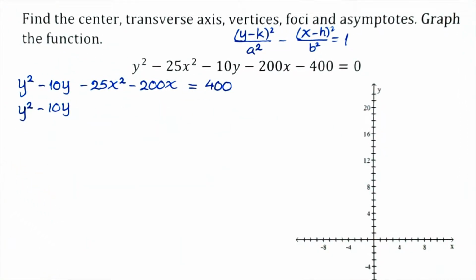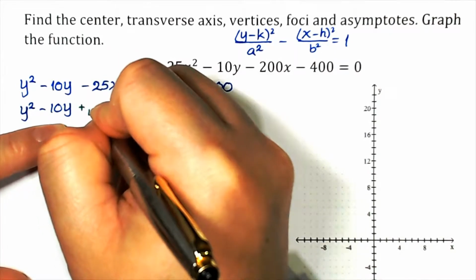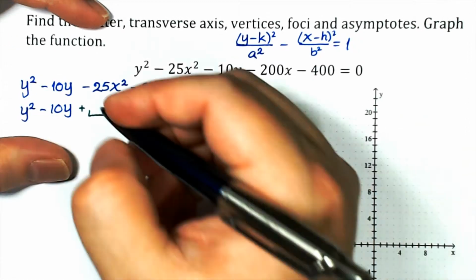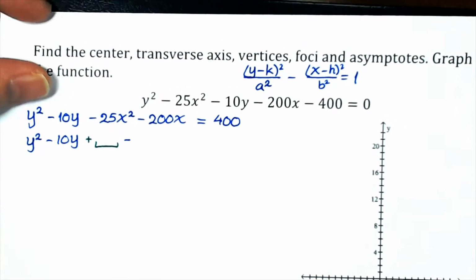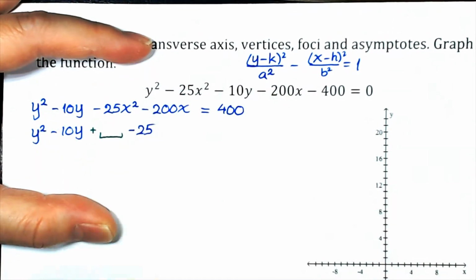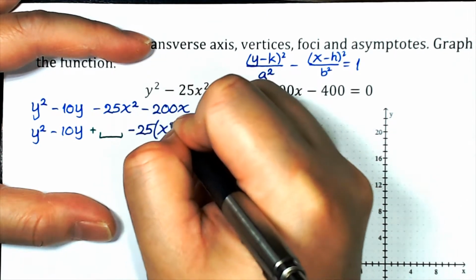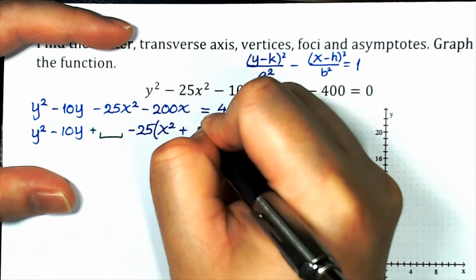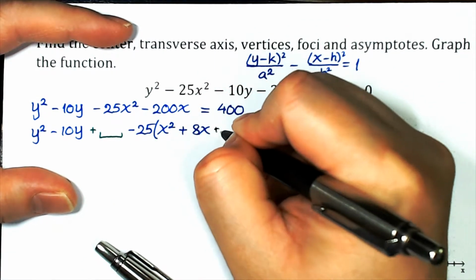We're going to add something on both sides to complete the square for the y. So we're going to add something here, and we're going to add something for x as well. But before we do that, we're going to factor the negative 25 out, and then we will have x squared plus 200 divided by 25, that is 8, x, and we're going to add something to it.